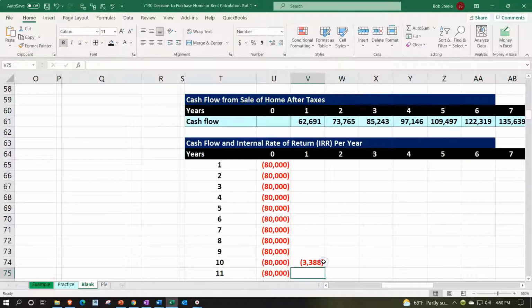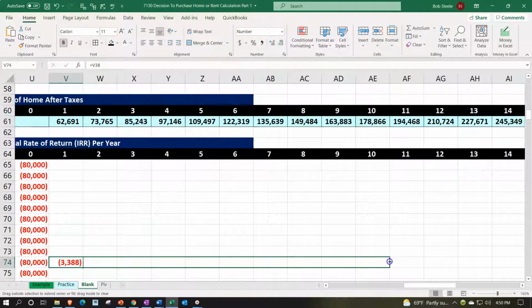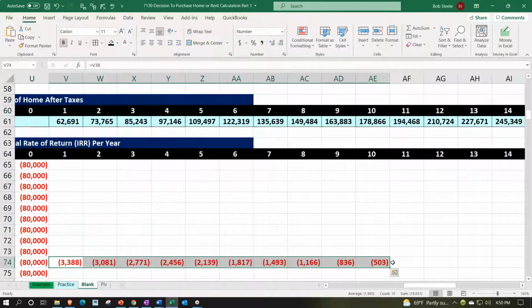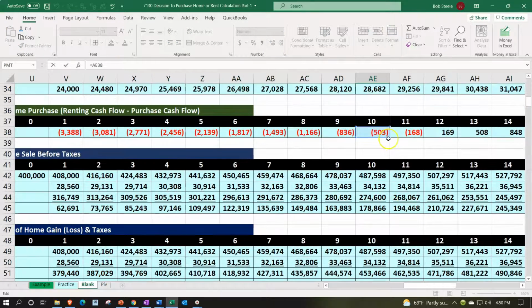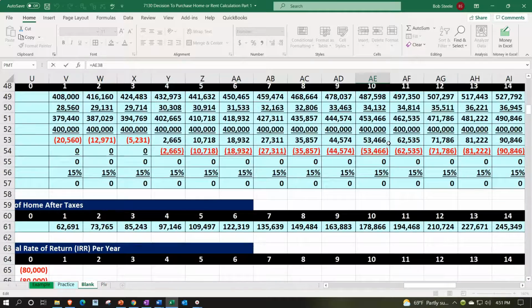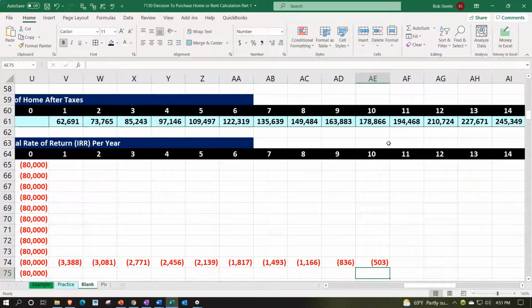Now I can copy that in essence across to the year we sell. So I'm going to put my cursor on the fill handle, and it's going to pull the relative items over to year 10. So year 10 is the year we actually sold. If I double click here, I'm now picking up that 3,503, which is the difference in the flows, and now I have the sales amount, assuming we realize the sale at this point.